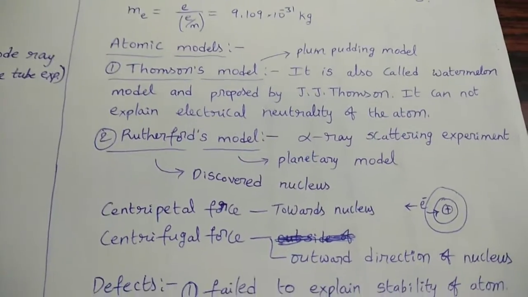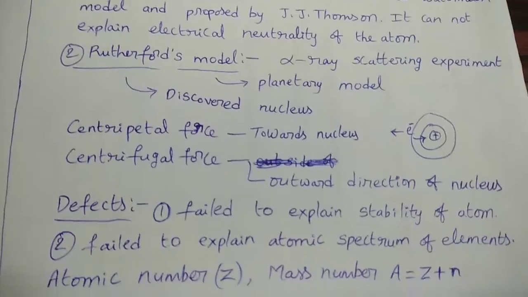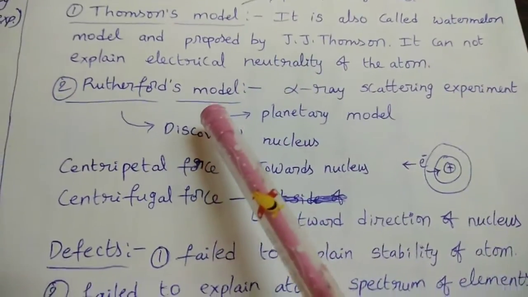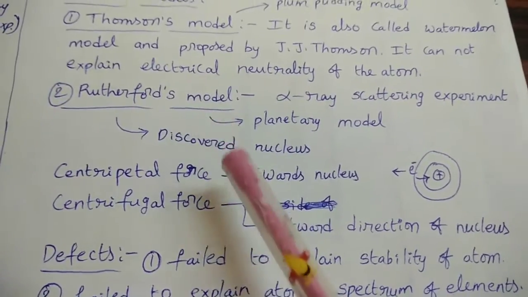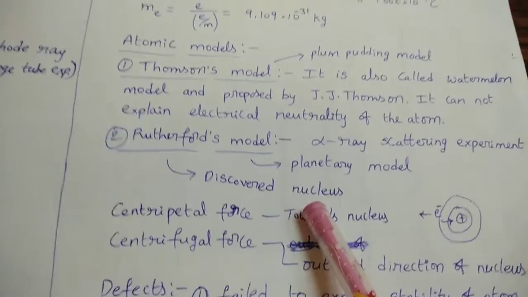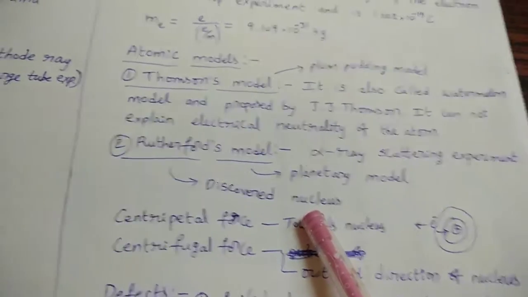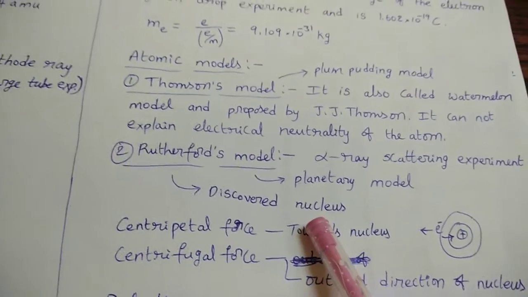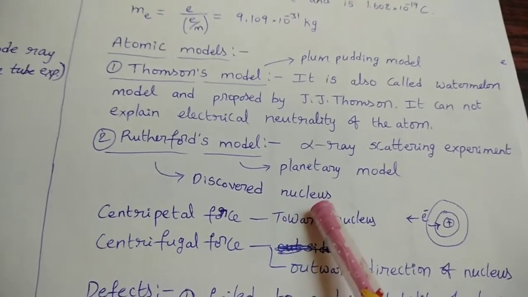Next, Rutherford's model, based on the alpha ray scattering experiment. Already we know that Rutherford discovered the nucleus. The heavy, that means massive, part of the atom is present at the center of the atom. That part he considered as the nucleus.